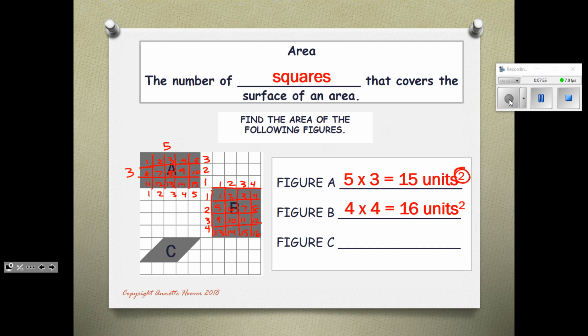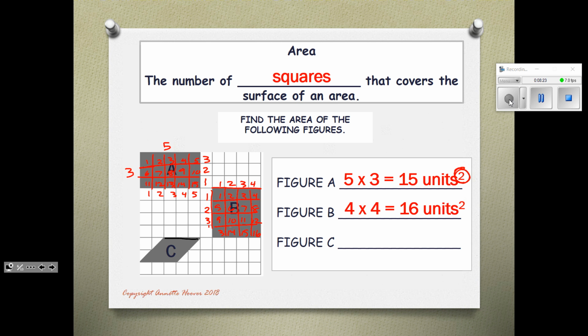Now, for a rhombus or a parallelogram, if you look right here, the cool thing about this is if I were to cut off this part of the triangle, you could paste it right here. And if you were to paste it right there, and this were to go away, you can see that you have a rectangle or a square. So we actually use the same equation because it's covering the same amount of space.